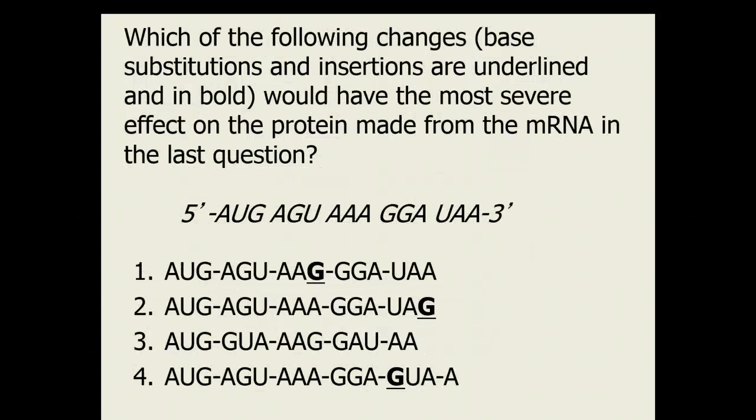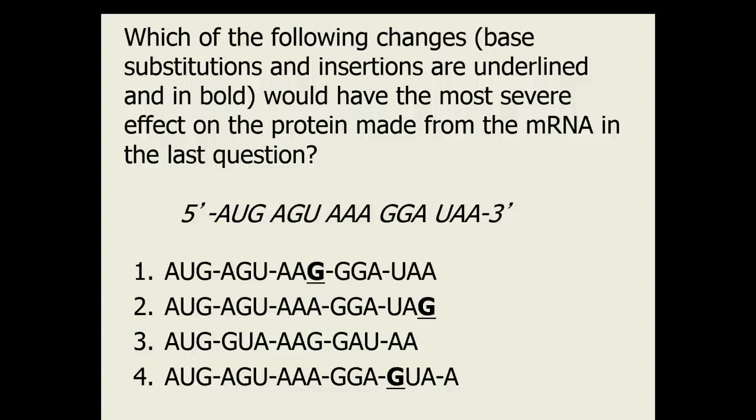Which of the following changes, base substitutions, insertions, or deletions underlined in bold, would have the most severe effect on the protein made from the messenger RNA in the last question? So if we had a change, AUG, AGU with AAG, or UAG, or GUA, number 4 seems to make the most, I believe.